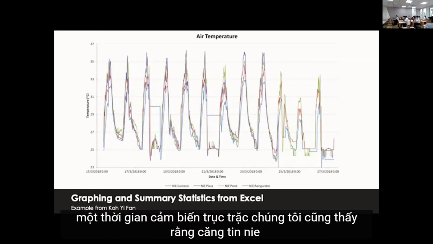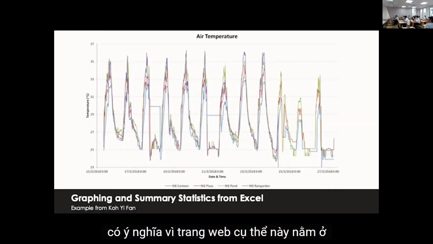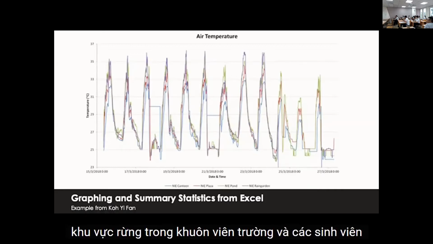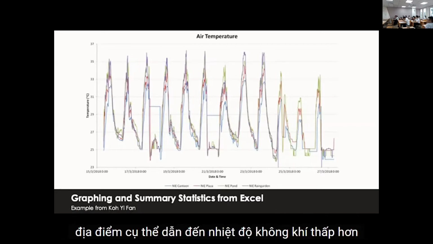We also see that the NIE canteen in the blue line generally is cooler than the other sites, and this made sense because this particular site was located in a forested area on the campus, and so the students could see that the shading, for example, impacted the energy budget for that particular site, resulting in lower air temperatures.